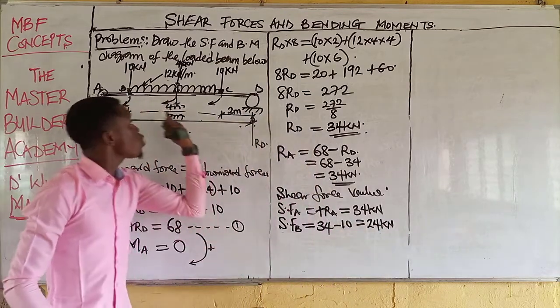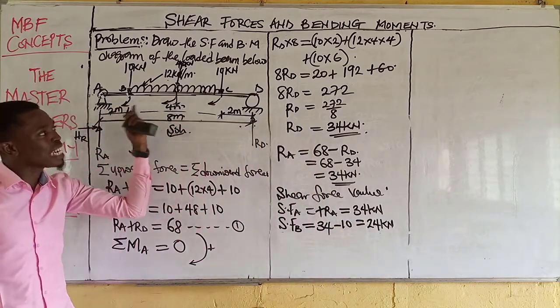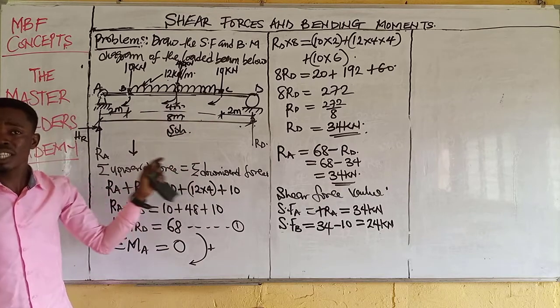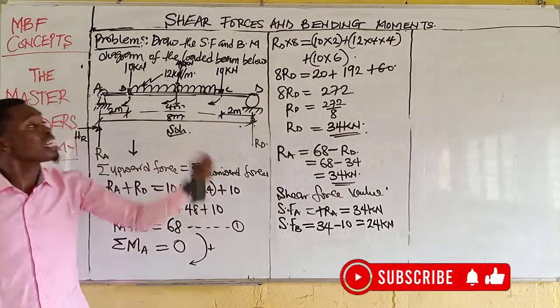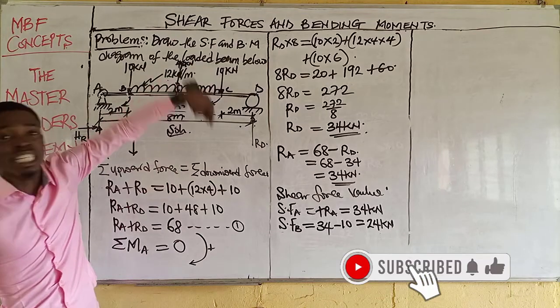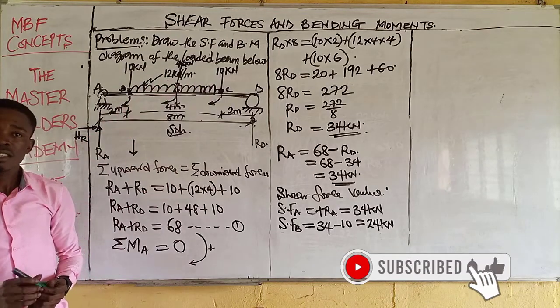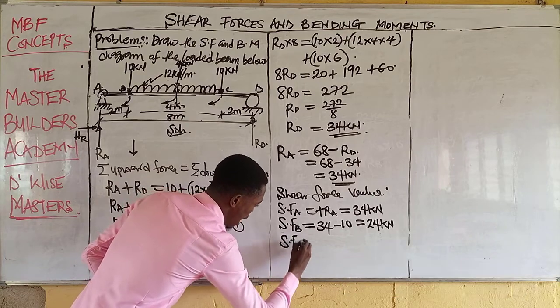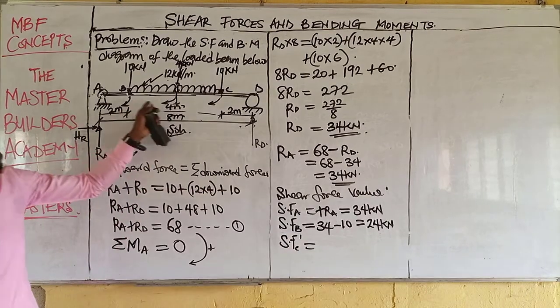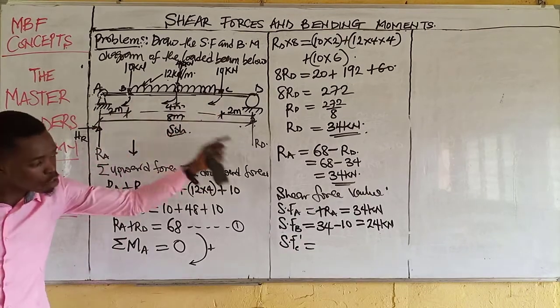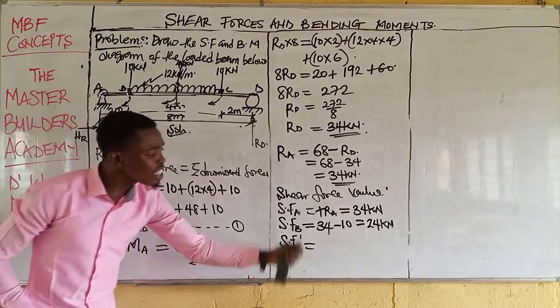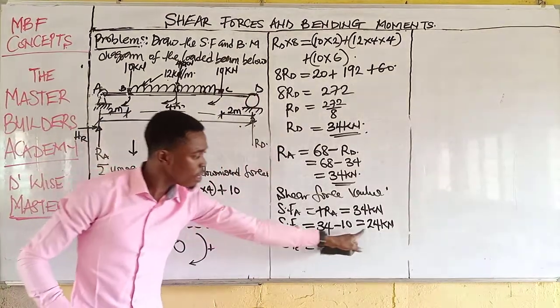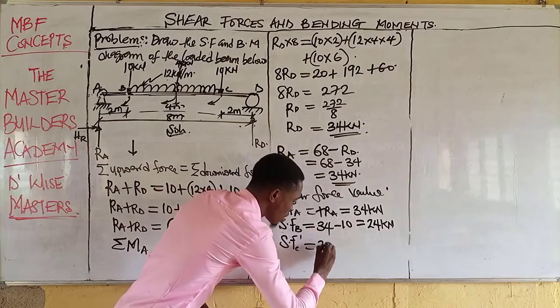Now, between B and C, we have internal loadings, which is a uniformly distributed load. That is to say, we will have two active shear forces at C. So first we have shear force at C prime. This is due to the uniformly distributed load. Now, what is the existing shear force? 24. Pull down 24.